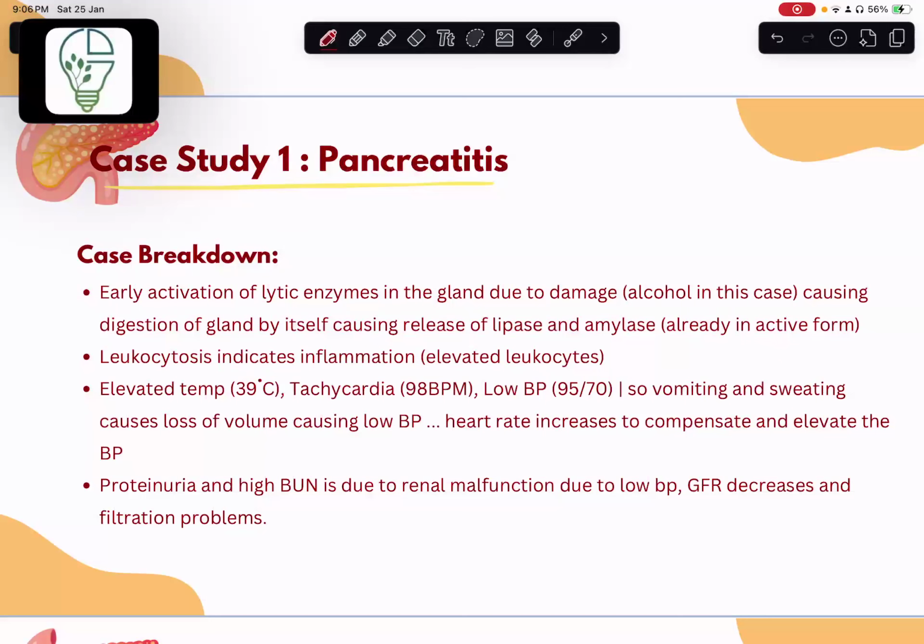This decrease of volume causes a drop in blood pressure. The low blood pressure will cause a reflex tachycardia, where the heart will be trying to compensate, pushing more blood, beating more and harder to compensate for this low blood pressure. So now we have linked the low blood pressure to the tachycardia. It is because of losing volume.